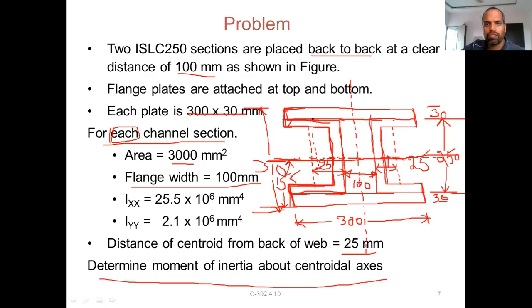Where is the midpoint? If you see that 300, the midpoint is nothing but 150 mm. So this is nothing but x bar. X bar is equal to 150 mm. Y bar is equal to 155. So that's what your figure is.